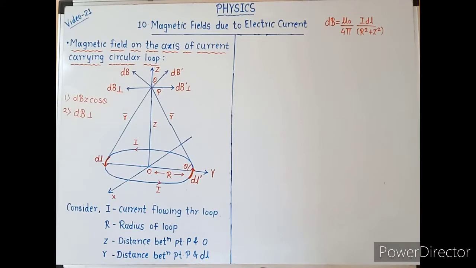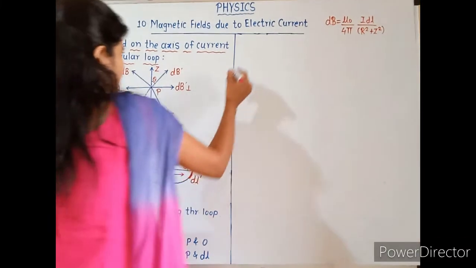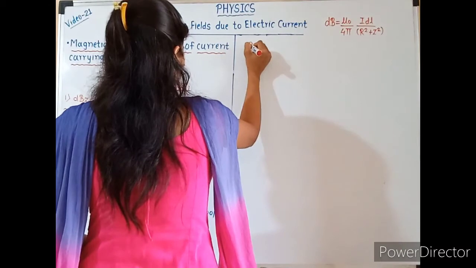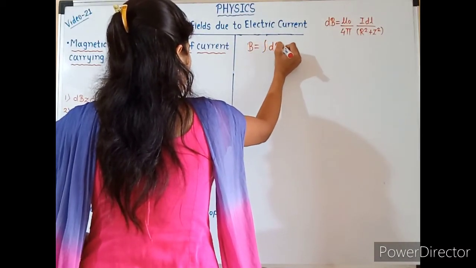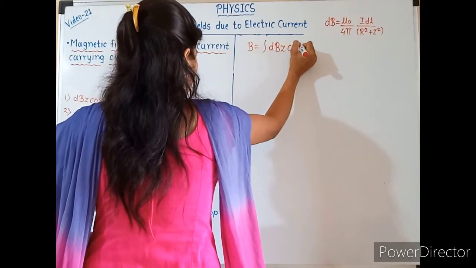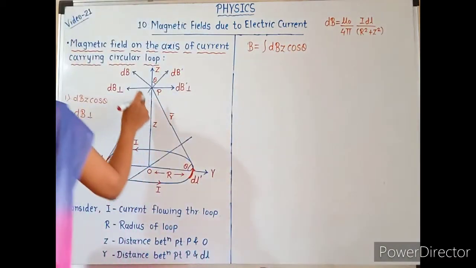So the magnetic field at a point P, that is on the z axis, of the current carrying circular loop is B, that is, magnetic field B is equal to the integration of dB cos theta. Okay, we have to consider this component.